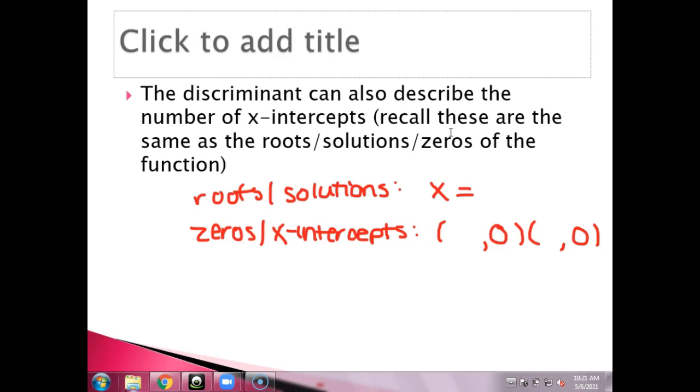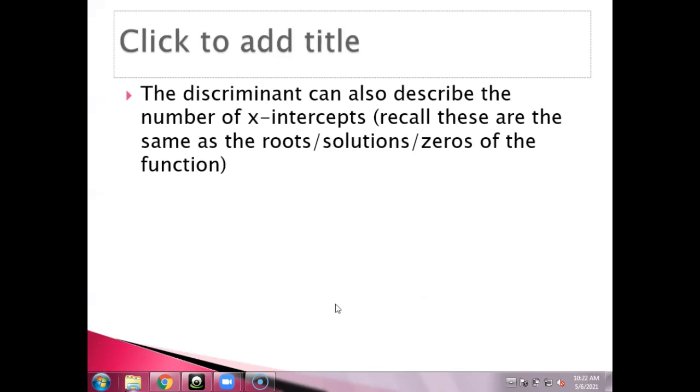So the zeros or x-intercepts will be coordinate points with y equals 0. So the discriminant tells us how many and what type. The roots and solutions for zeros and x-intercepts both represent the same thing, just different ways of writing it.